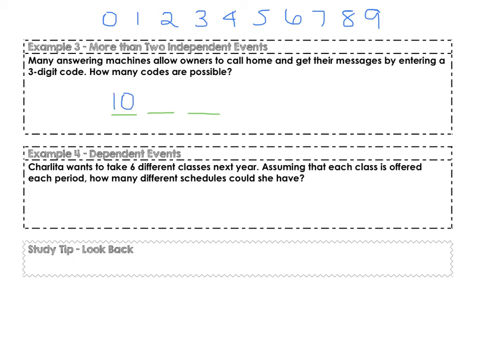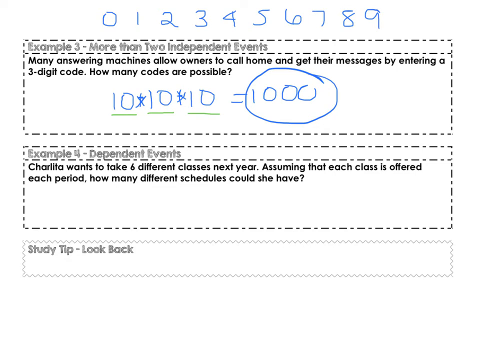Because it doesn't say that I can't repeat them, I can assume there's 10 different digits to plug into each of the 3 digits. And so we just multiply that by the fundamental counting principle, and 10 times 10 times 10 is a total of 1,000 different codes.